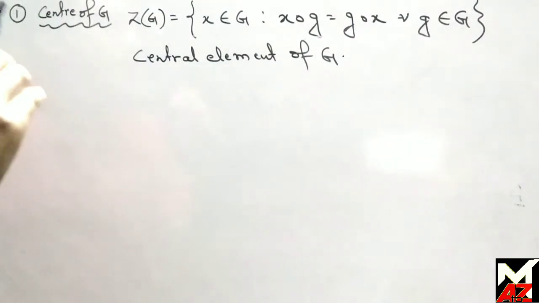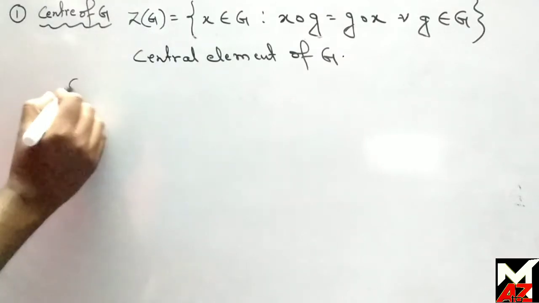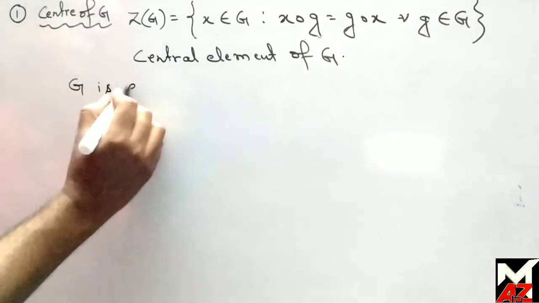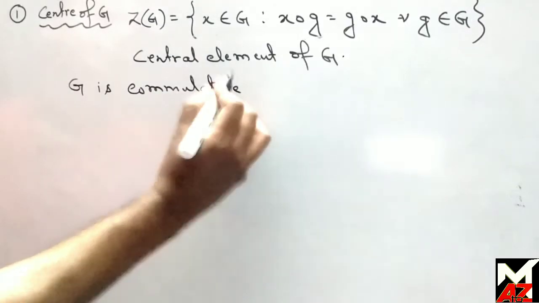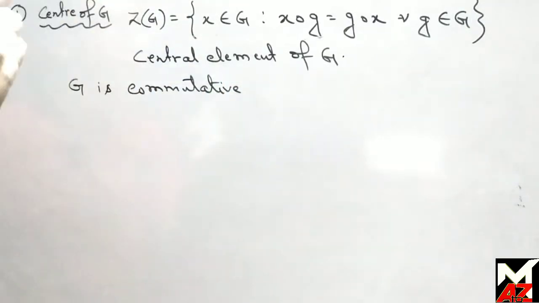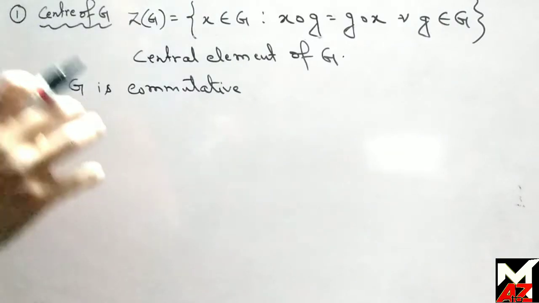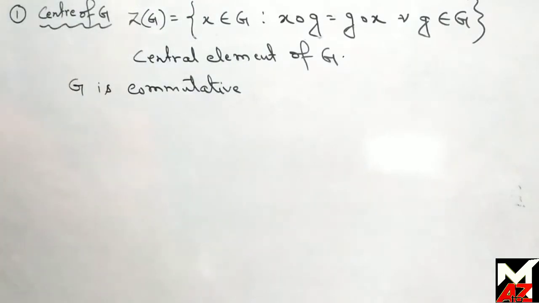And it is clear that if G is commutative, then every element of G commutes with each other.